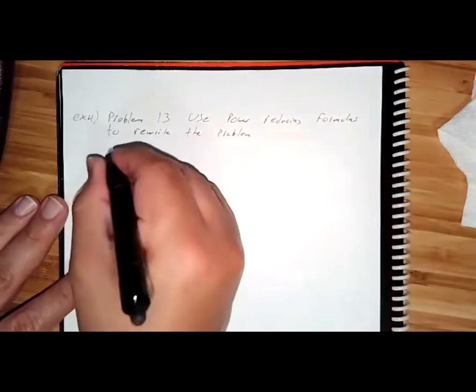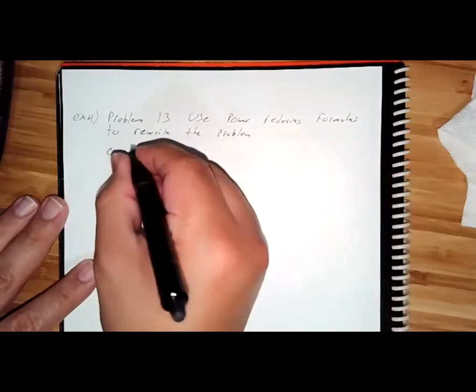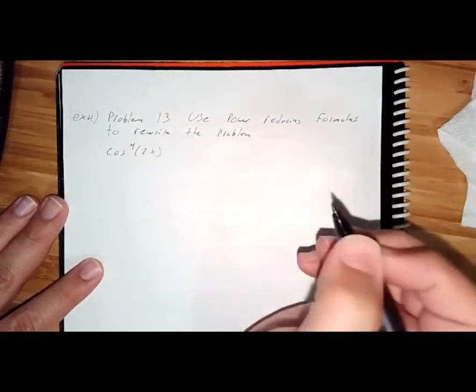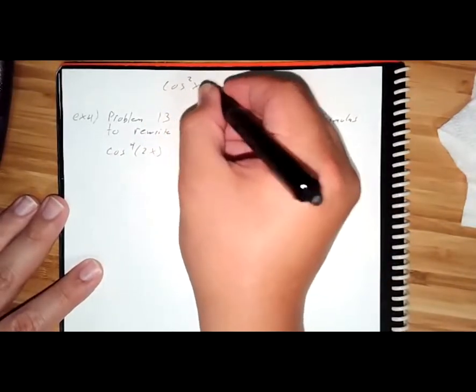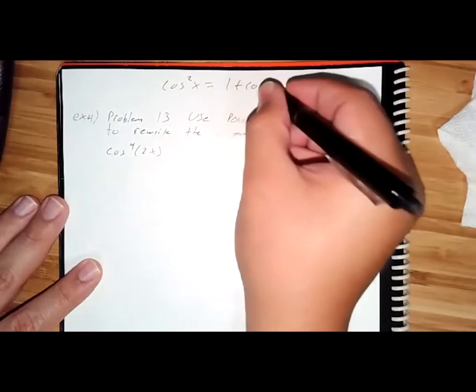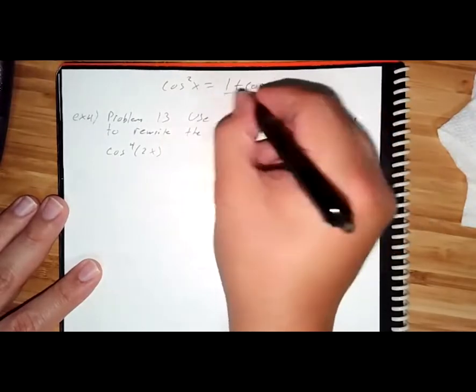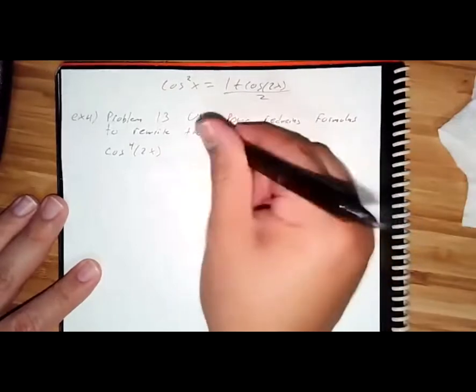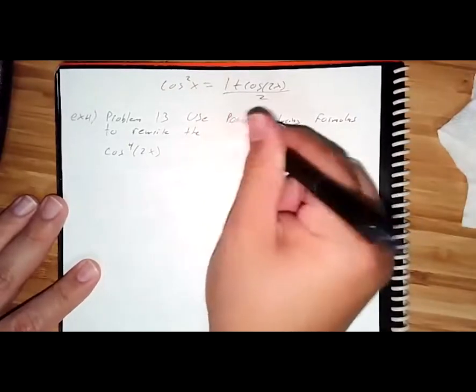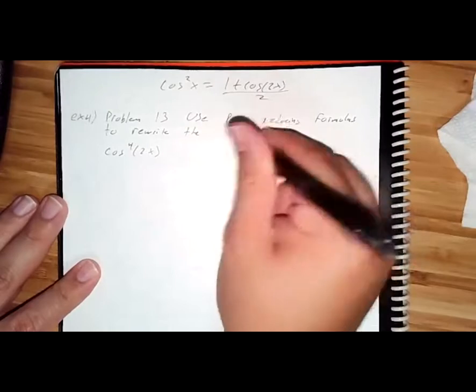Okay, so they give us cosine to the 4th of 2x. So the power reducing formula for cosine squared x is equal to 1 plus cosine 2x over 2. So we're going to apply that twice.